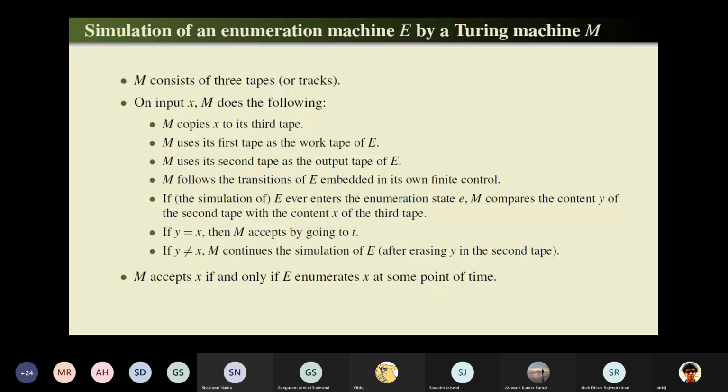Therefore, it follows that E and M have exactly the same language. So this is one way of the simulation.